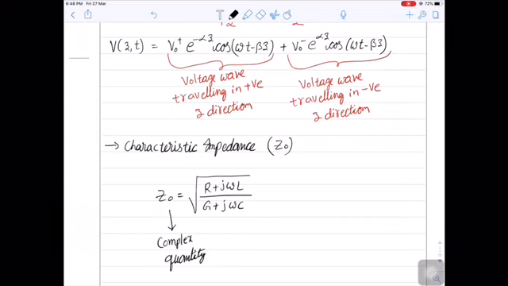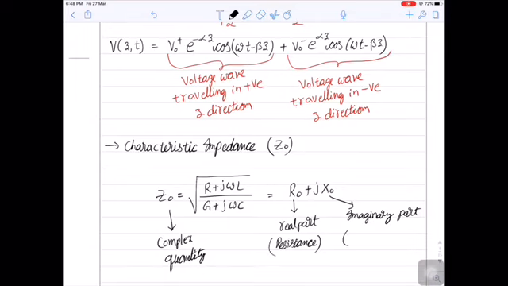Since it is a complex quantity, we represent this as R0 + jX0, where R0 is the real part and X0 is the imaginary part. This real part indicates the resistance offered by the transmission line. This imaginary part indicates the reactance offered by the transmission line.